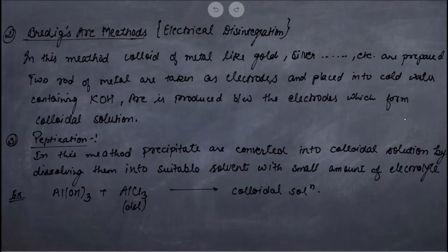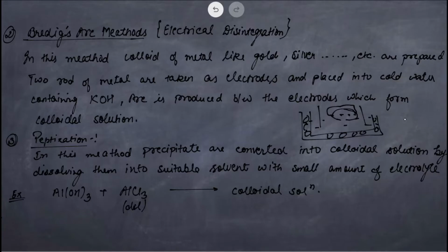Here is a tank like this, filled with KOH and water, and here are the electrodes, and the arc forms between them. We can extract the colloid from here.